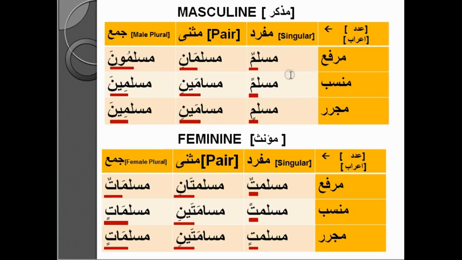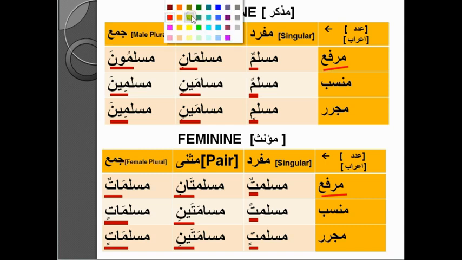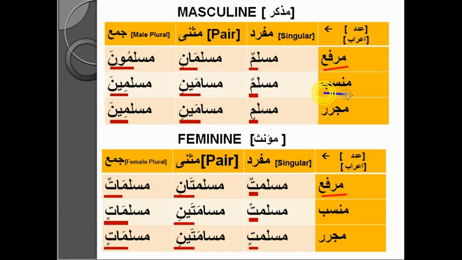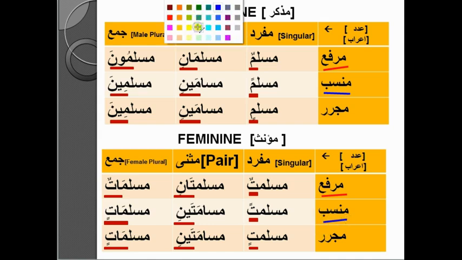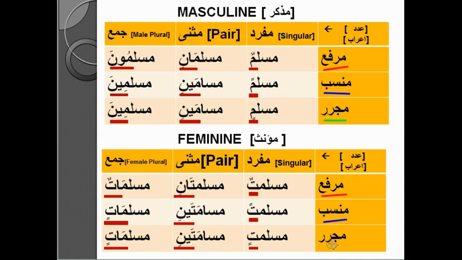What was the word? Muslim. Here it's marfu. Let me color it the way I colored it before. Marfu is red. Mansub was blue. And Majrur was green. If you remember the third video, this will make things easy for you.